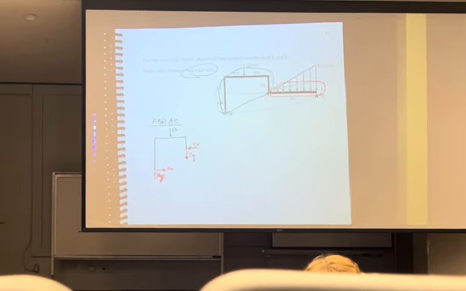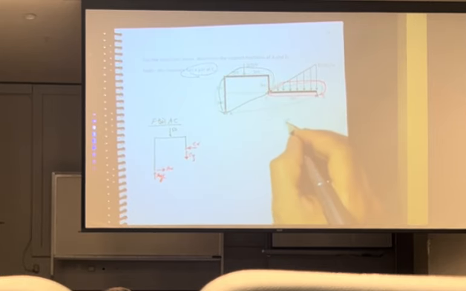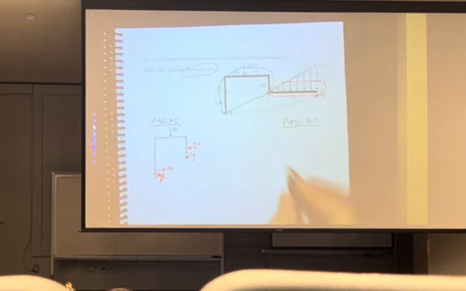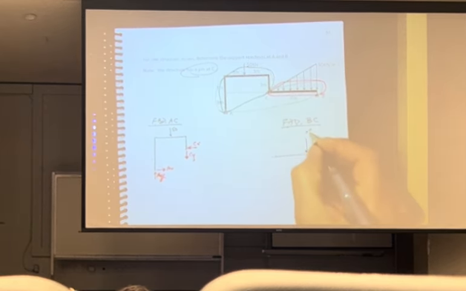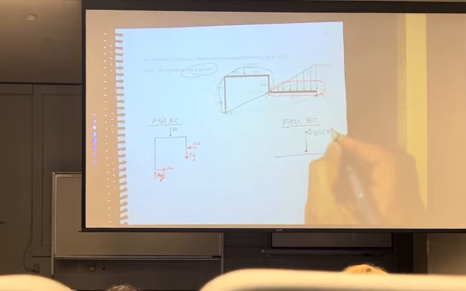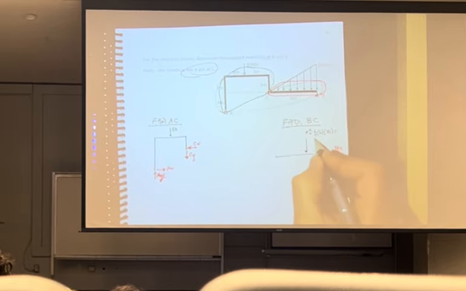Then I'm going to draw free body diagram of BC. That's this horizontal member. I'm going to have a BX, BY. I'm going to have a single concentrated load, single force resultant of 1/2 base 6 height 50. That is equal to 150.